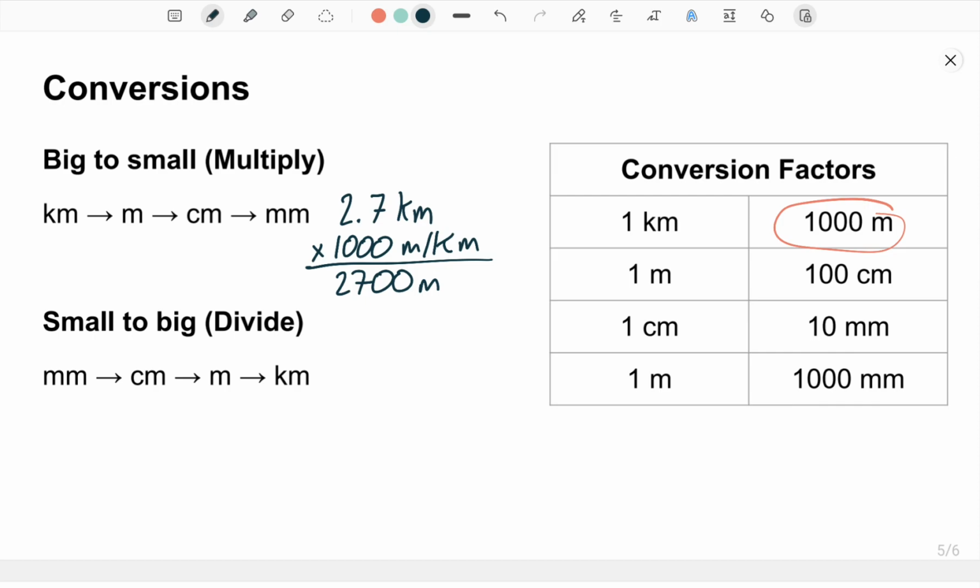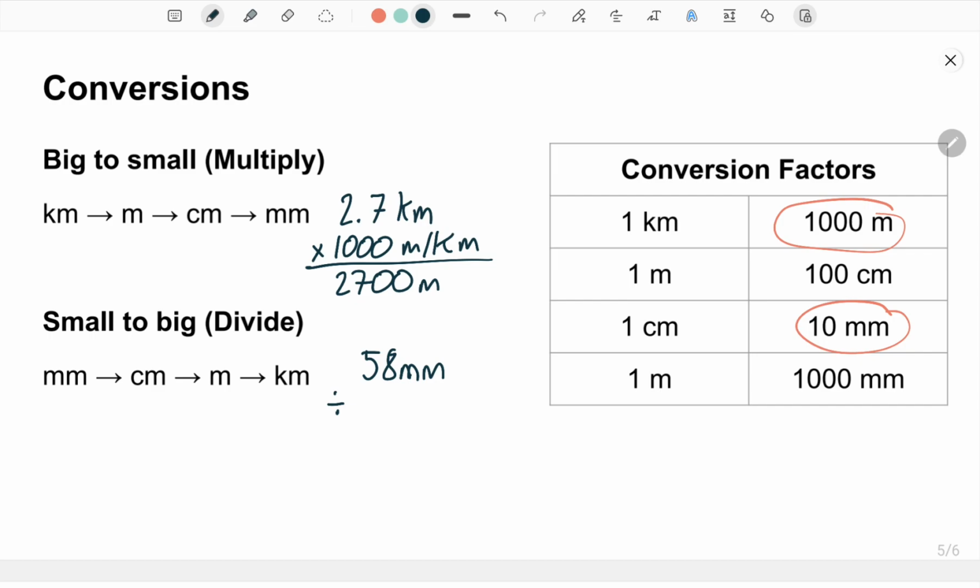What if you're going from something smaller? So let's say we have a measurement of 58 millimeters. But we actually want to know what that is in centimeters. So then we need to take a look at what the conversion factor is. Well, we know there's 10 millimeters for every centimeter, but this time we're going to have to divide.